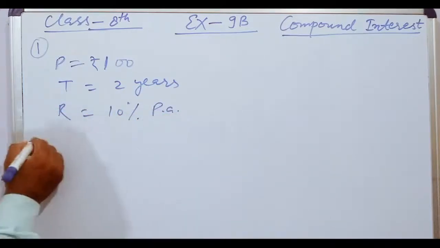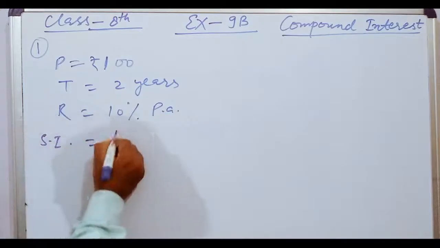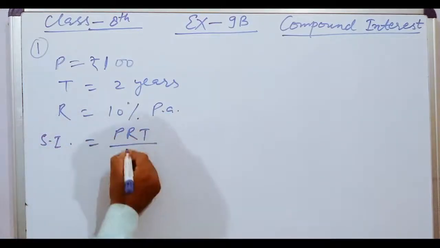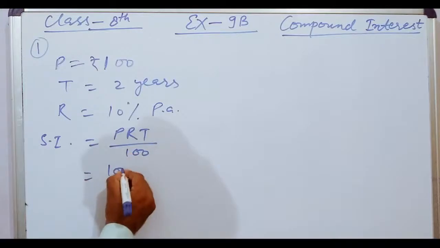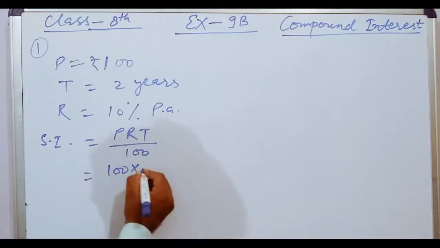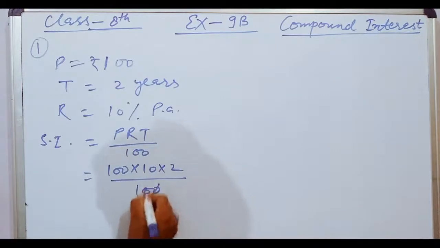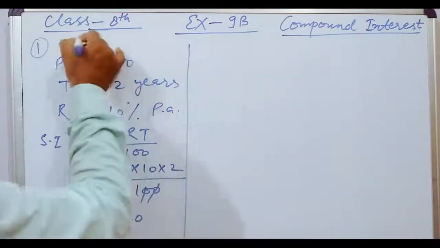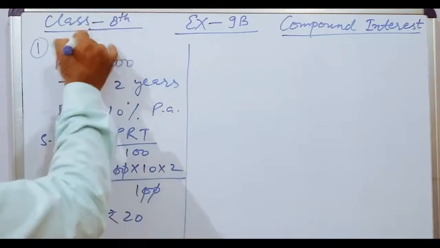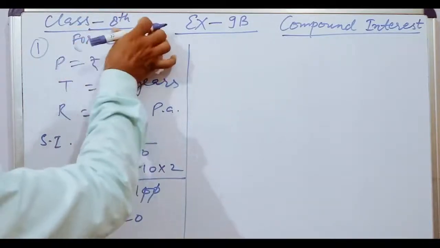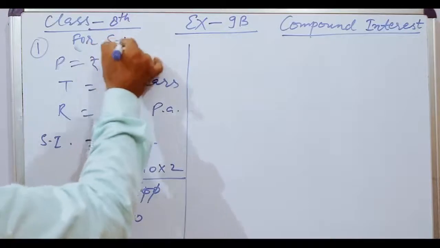So I am telling you, simple interest SI equals PRT upon 100. SI equals 100 into R 10, T 2, upon 100, which means rupees 20. This is for simple interest.